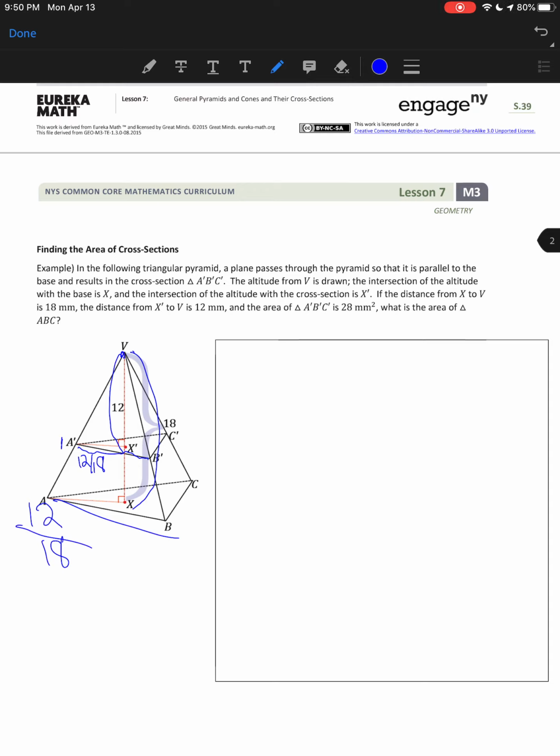So for instance, we have side A prime B prime, which is equal to 12/18 of whatever the distance of side AB is.